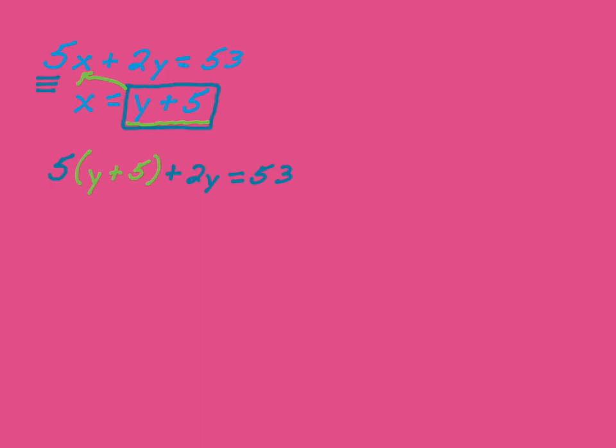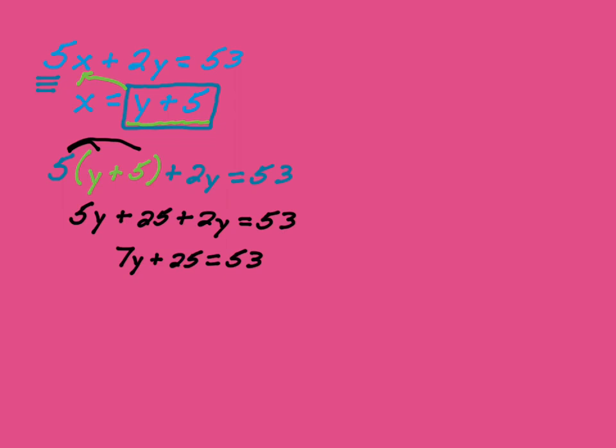Now to solve this, I'm going to go ahead and distribute through. Now notice what's happened here. We have an equation that has all y's in it. So this is now 5y plus 25 plus 2y is equal to 53. I'll simplify the left side, so 5y plus 2y is 7y, plus 25 equals 53.